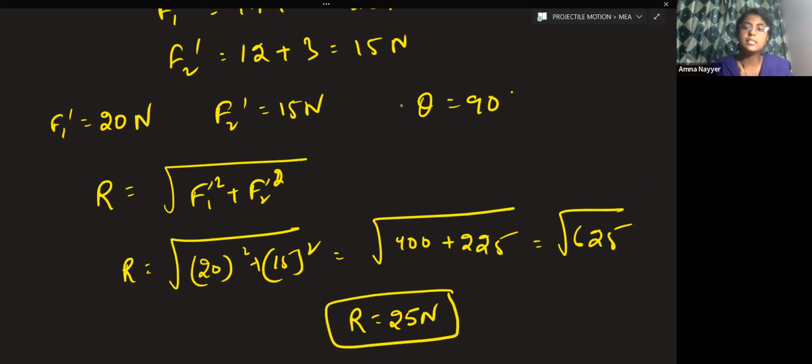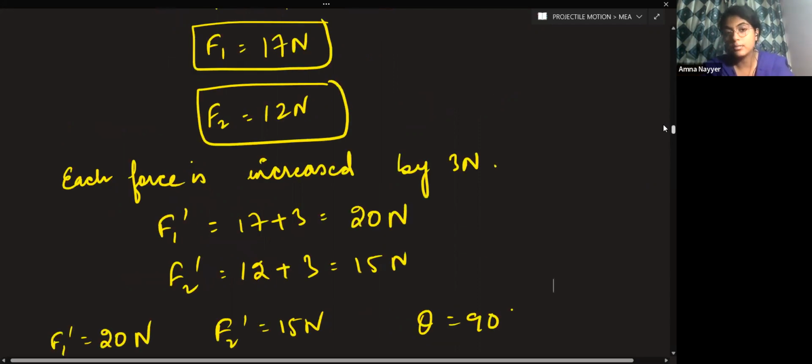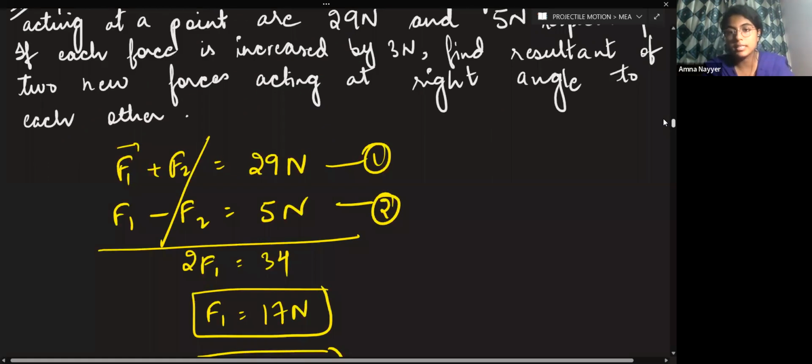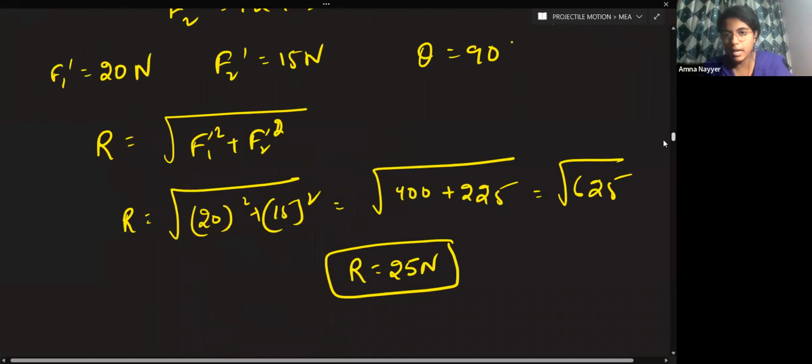This is the magnitude of the force. Now one thing, class, I forgot to tell you when we were discussing it. It said resultant, and resultant means direction plus magnitude.